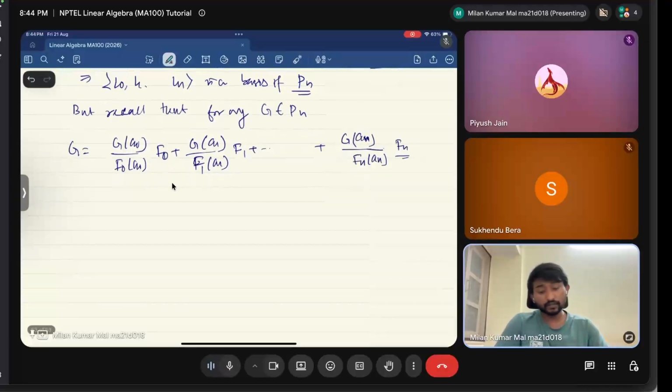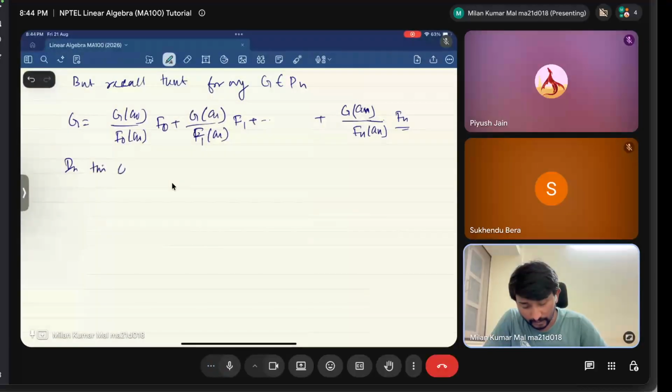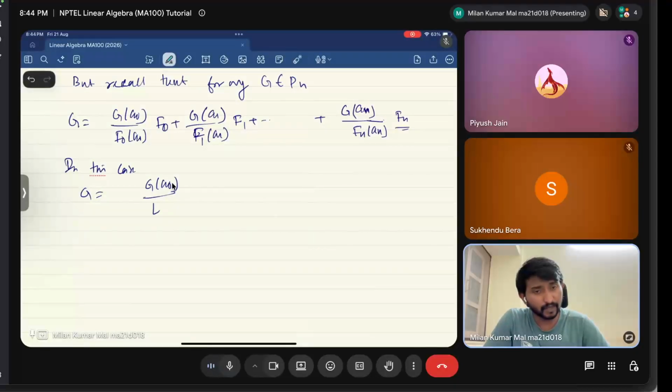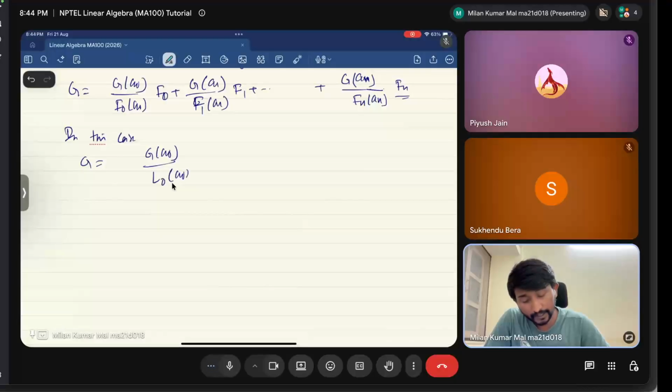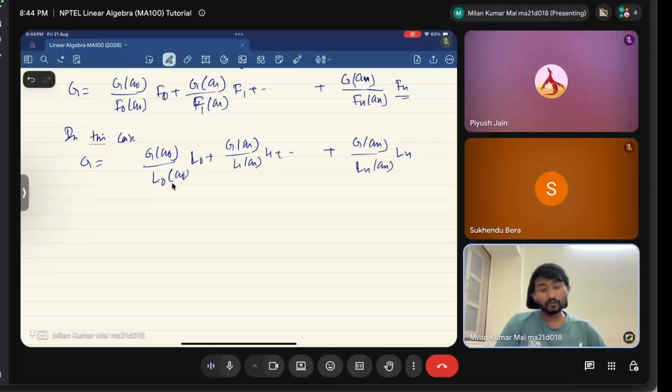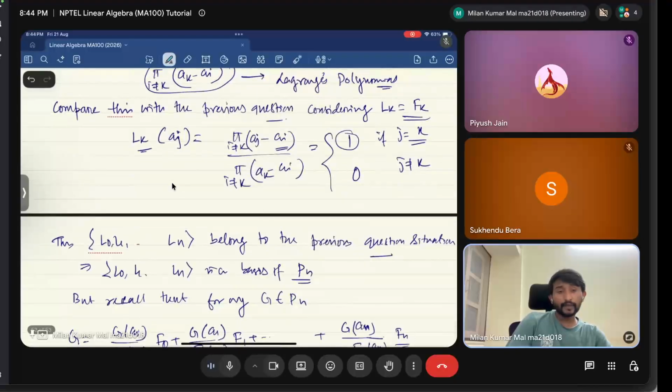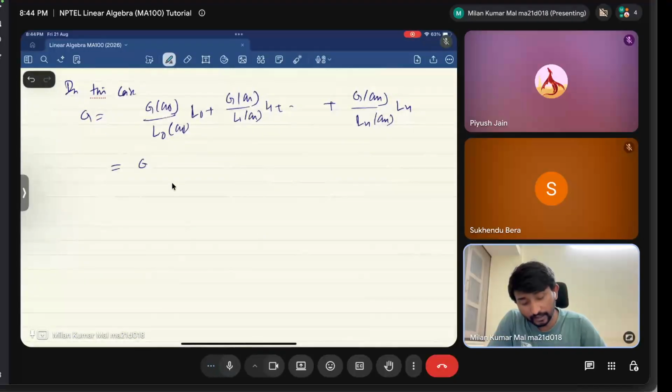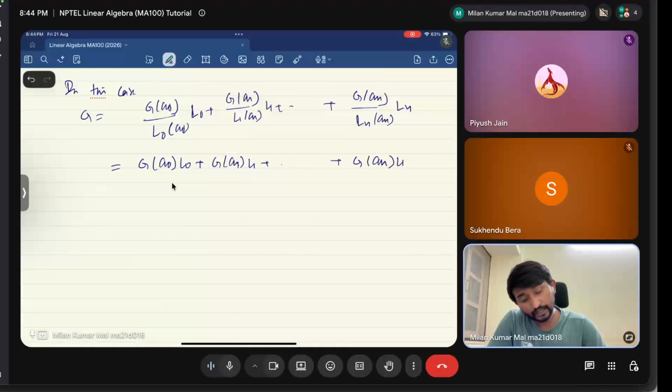So in this case, f is replaced by l: g(a naught) by l naught(a naught) times l naught, plus g(a1) by l1(a1) times l1, plus g(an) by ln(an) times ln. But note that we obtained lk(ak) is 1. So this is nothing but g(a naught) l naught plus g(a1) l1 plus g(an) ln.